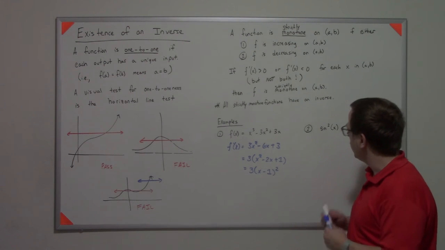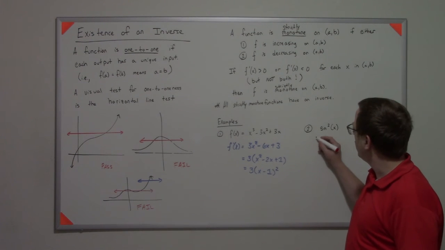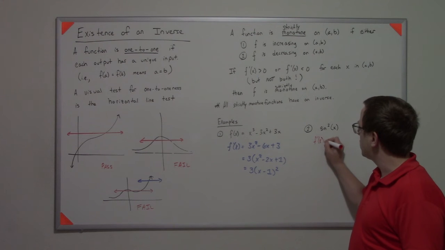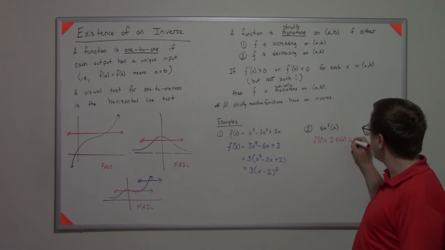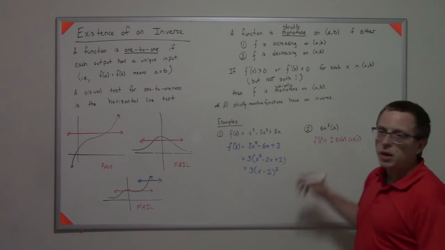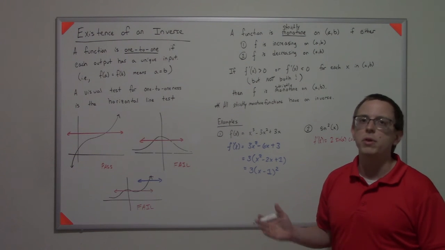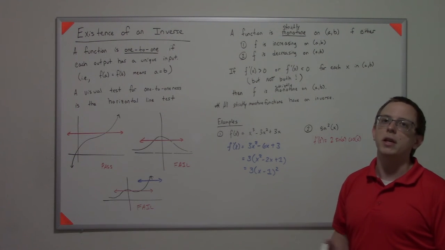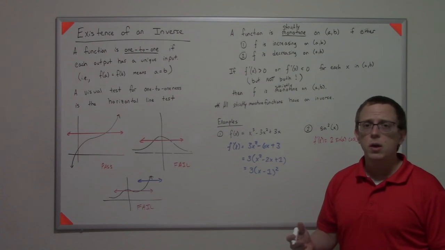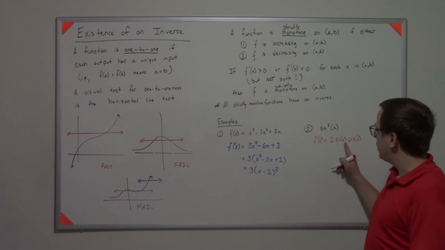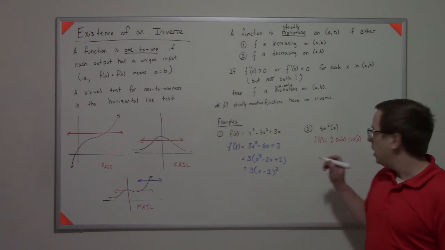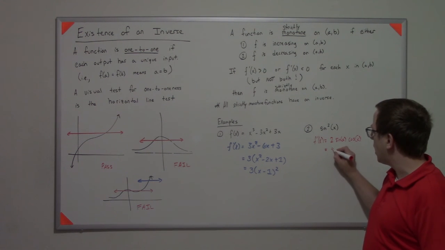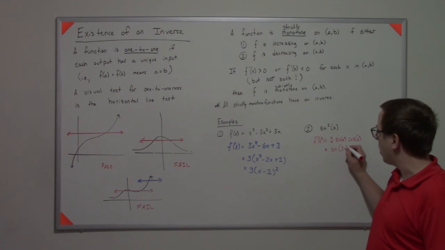Now over here, if I take this function's derivative, f prime of x is 2 sine of x cosine of x. And you might say, well, that's squared, that's always positive. Yeah, it's always positive, but it doesn't mean that it's always increasing. So sine of x times cosine of x could also be written as sine of 2x, which is probably a better way to write that.